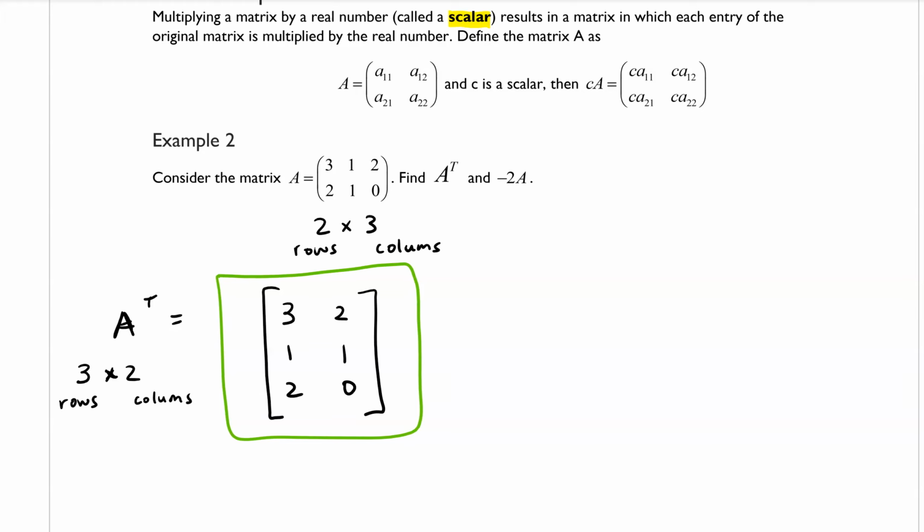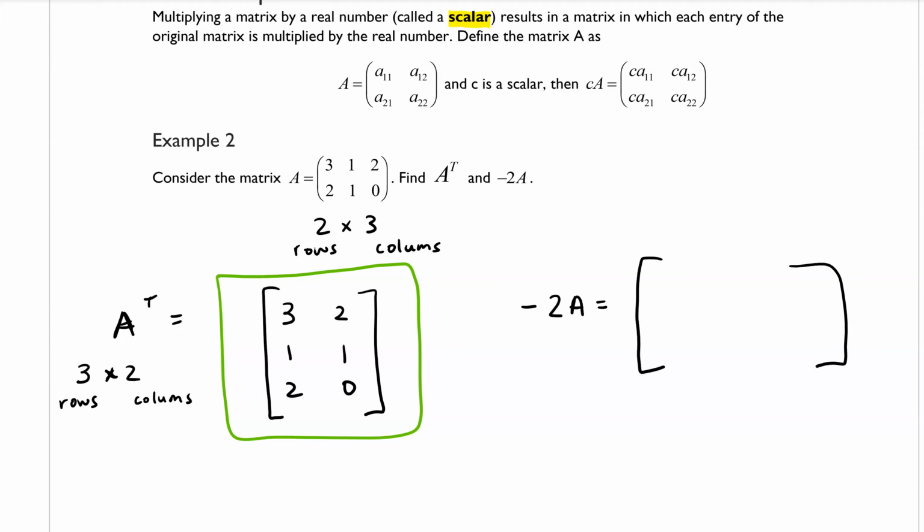And the second part of the question asks us to find -2 times A. This is an example of scalar multiplication because we are multiplying a matrix by just some real number. And the way that we're going to do that is we're going to multiply every element or entry of A by -2.